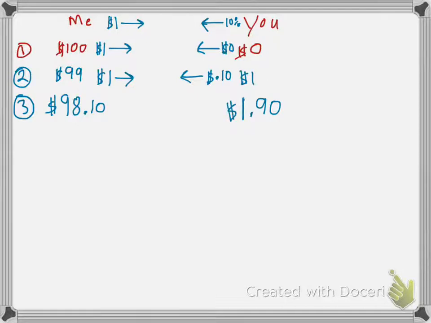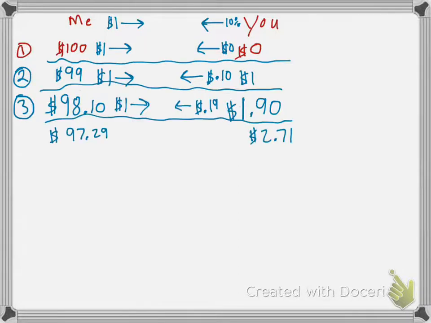All right. So again, day three, I'm going to give you $1. You're going to give me 10%, and let's go ahead and see what that looks like. Now what I'm going to do is I'm going to do 2 or 3 days all at the same time. And so this is again on day 4. I'm going to give you $1 every day.